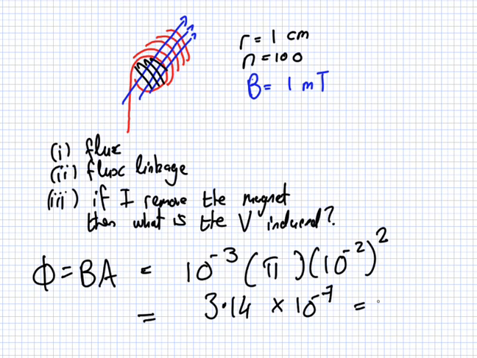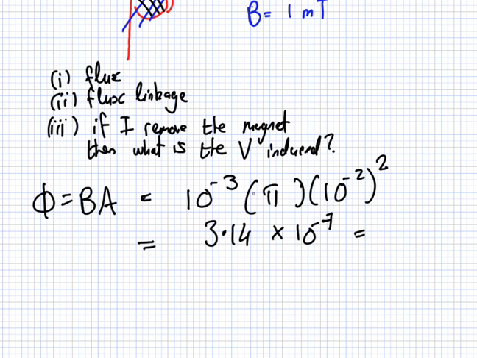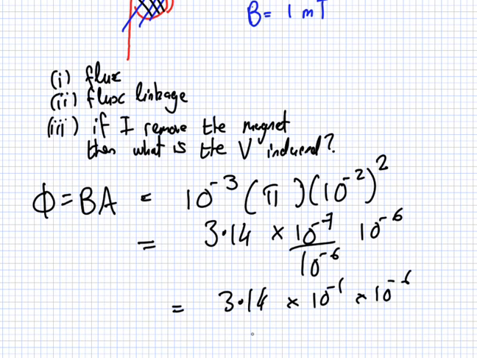If I want to make this 10 to the minus 6, that is 3.14 times 10 to the minus 1 times 10 to the minus 6, so 0.314 microwebers.